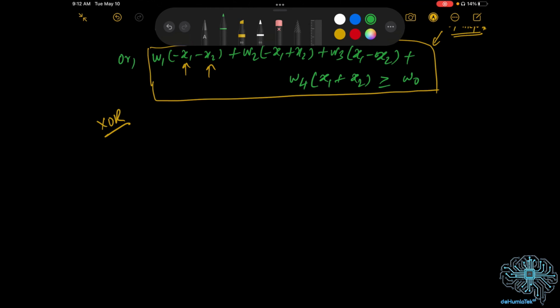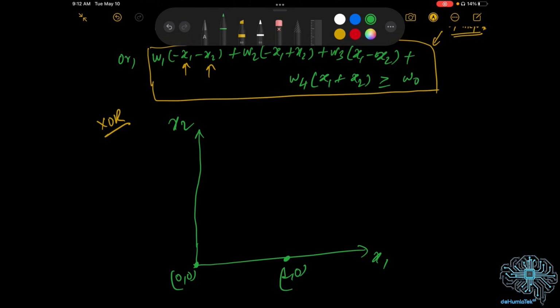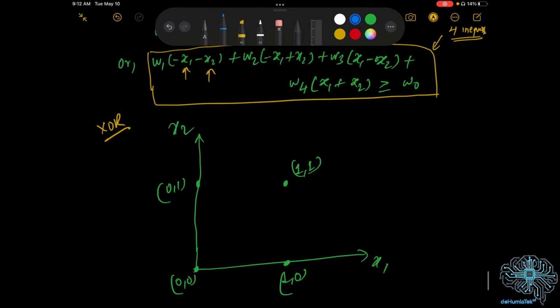Okay, let's now try to plot and observe graphically. So X1 and X2, and this is 0 0, 1 0, 0 1, 1 1. For XOR, the neuron should fire only when X1 and X2 are different.